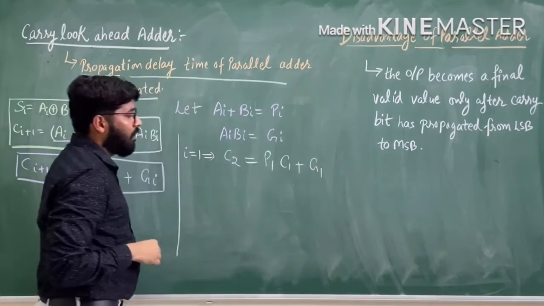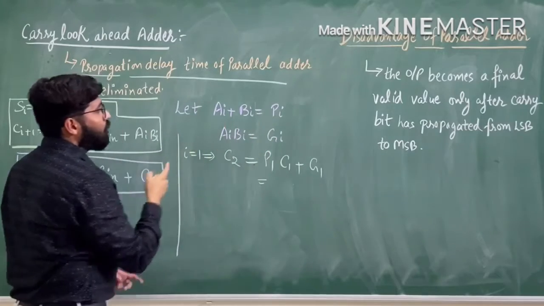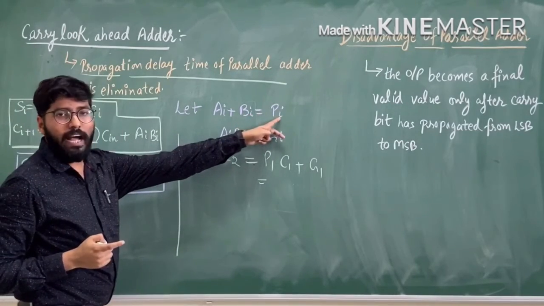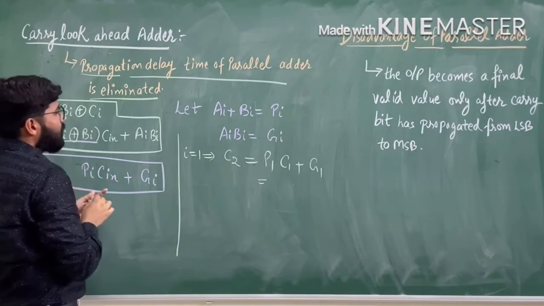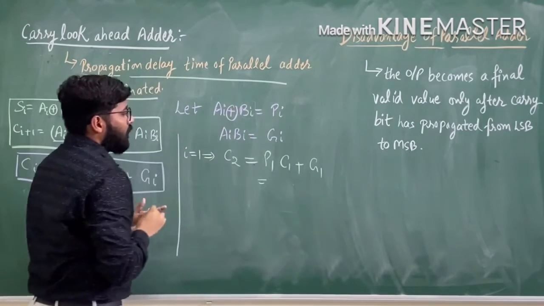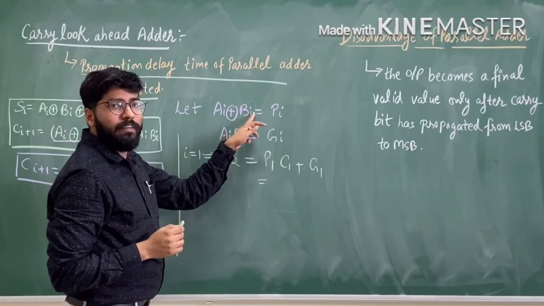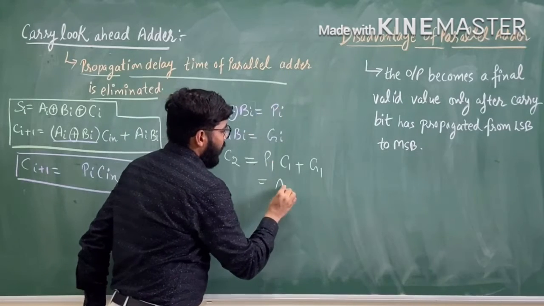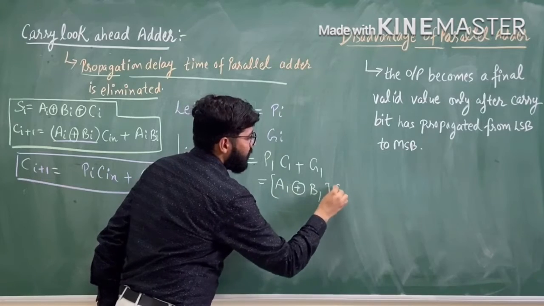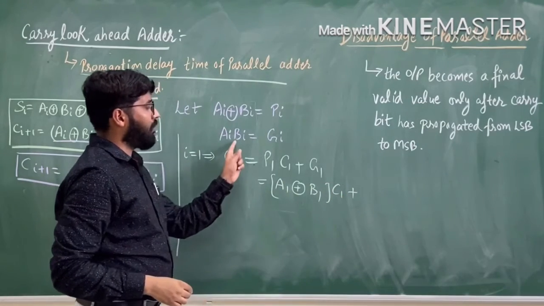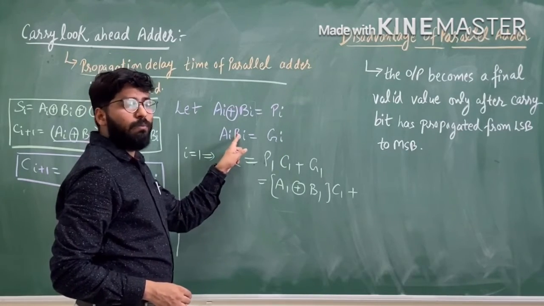Now P1 equals A1 XOR B1, since it is an XOR, you have to correct it. If we put i equals 1 here, we get A1 XOR B1, and G1 becomes A1 into B1.